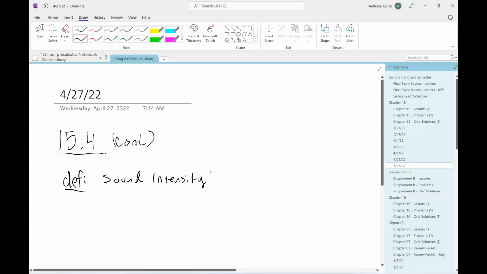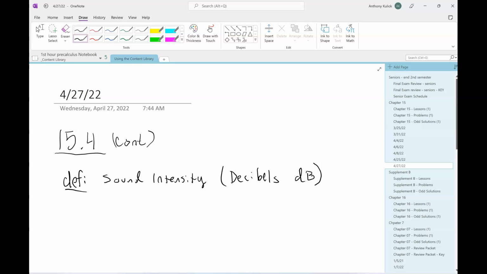Yeah, it's a decibel. That's right. The abbreviation for a decibel is dB. The d for the prefix deci is lowercase, and the B for the bel is uppercase. That's weird, but that's what it is.